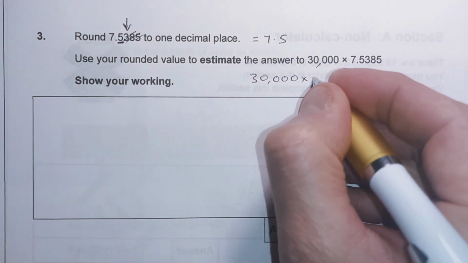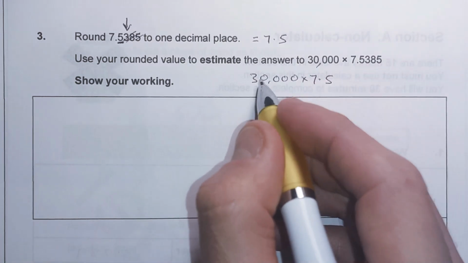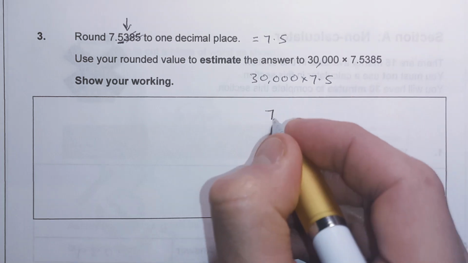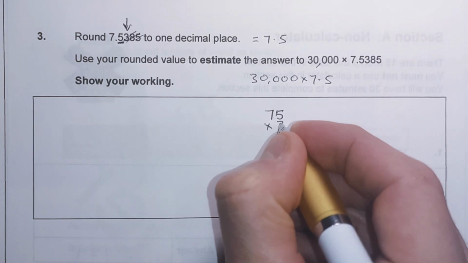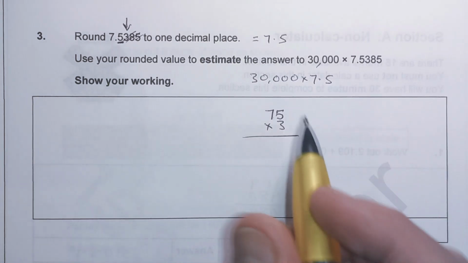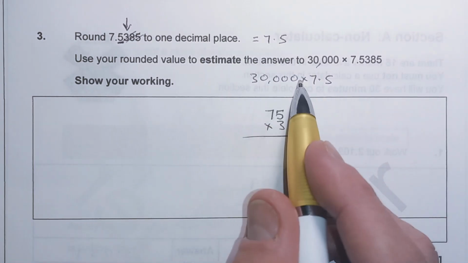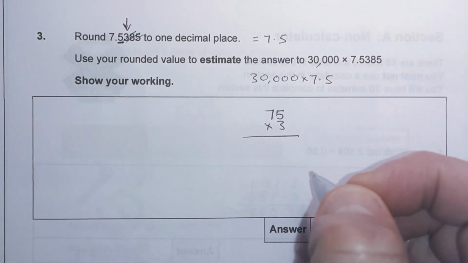Right, so we want 30,000 times, let's write it here, 30,000. Instead of this number, we're now going to use our 7.5. In fact, what I'm going to do is ignore all my zeros, and ignore the decimal point. So I'm just going to have 75 times 3. So basically, I'm ignoring anything that looks complicated. No zeros, no decimal point, but we're going to put them in at the end.